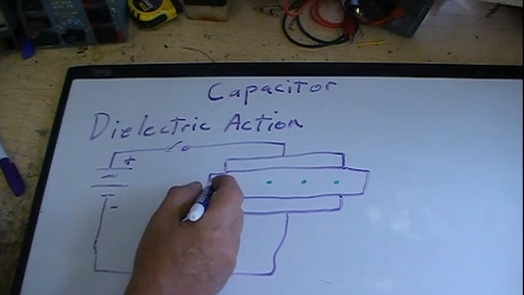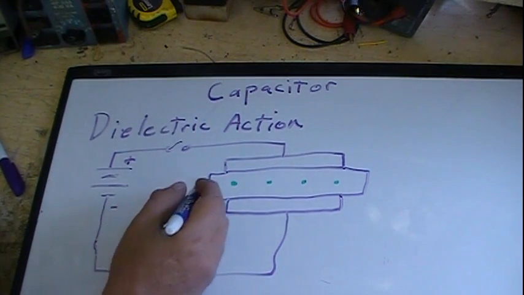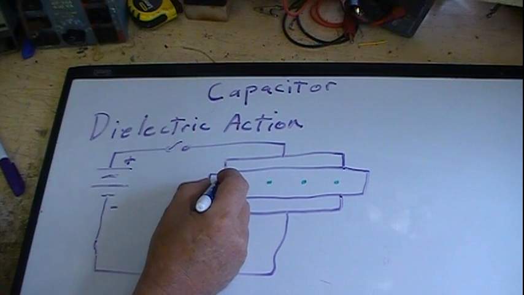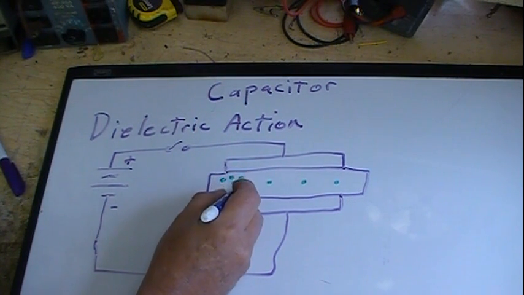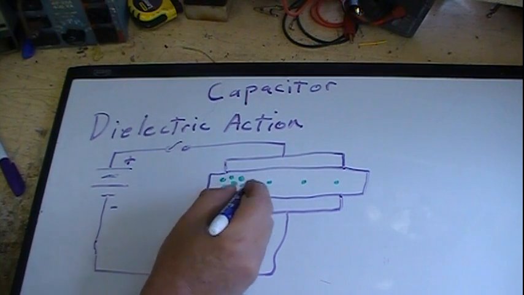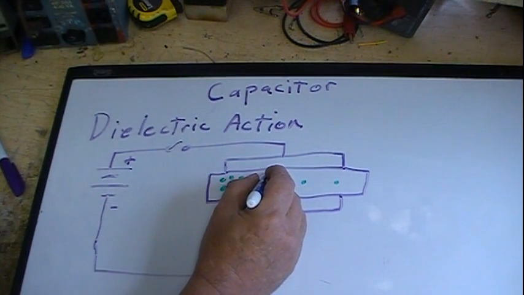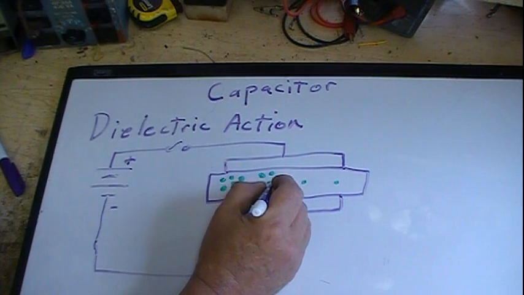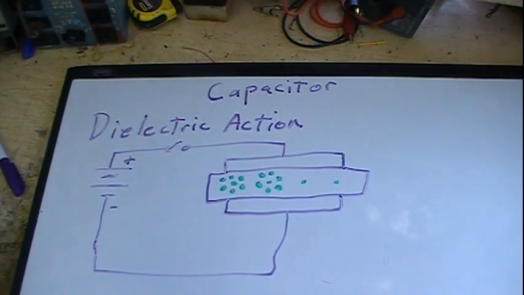It's just for general consensus of showing you something. Little circles around these guys, evenly spaced, and so on. Okay, that's no charge, no nothing.